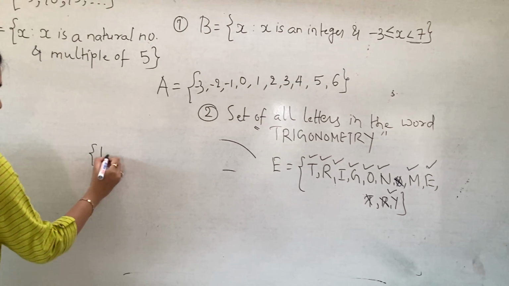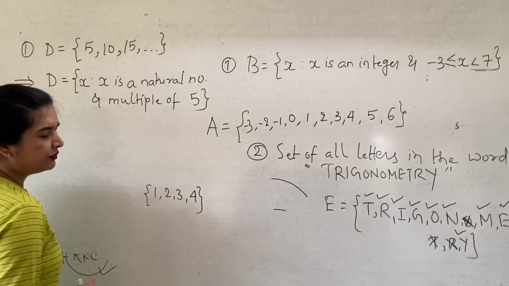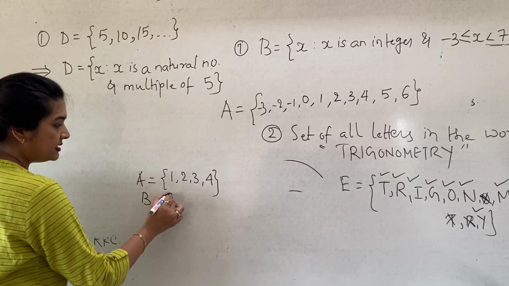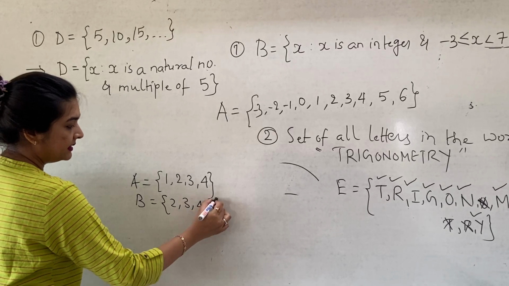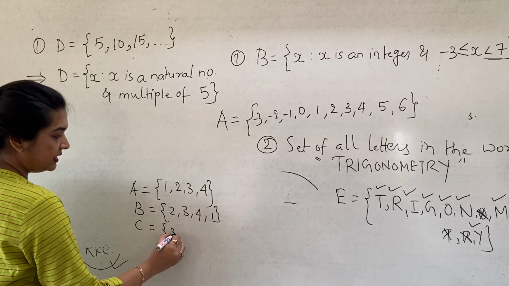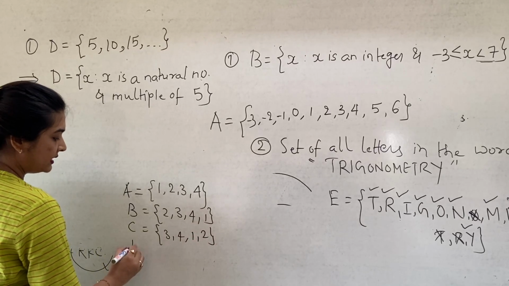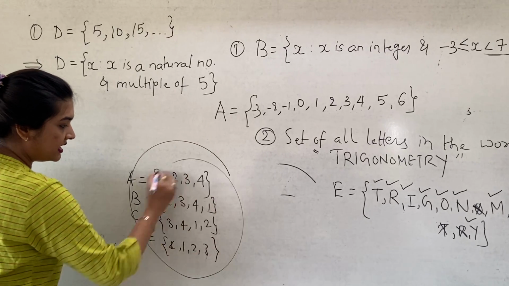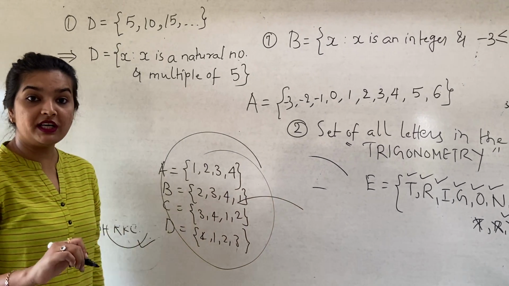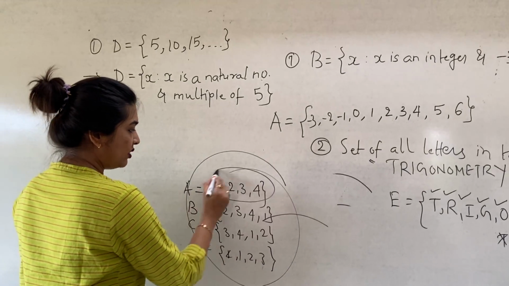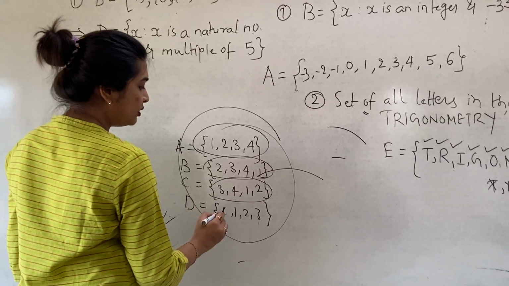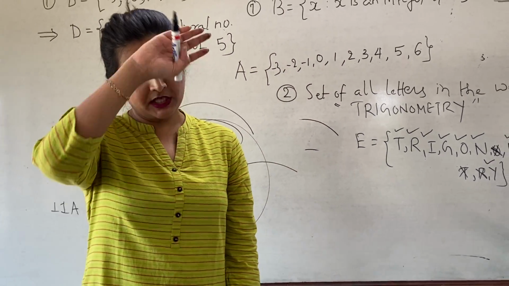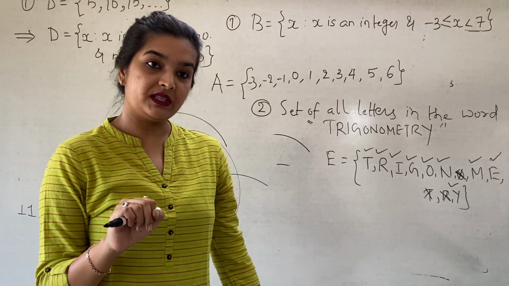For example, if set A is equal to 1, 2, 3, 4, then I take set B is equal to 2, 3, 4, 1, C is equal to 3, 4, 1, 2 and D is equal to 4, 1, 2, 3, these all sets are one and the same. That means order is not important. You can write this set as 1, 2, 3, 4 or 2, 3, 4, 1 or 3, 4, 1, 2 or 4, 1, 2, 3. But no elements must be repeated. Repetition of an element is not allowed here.